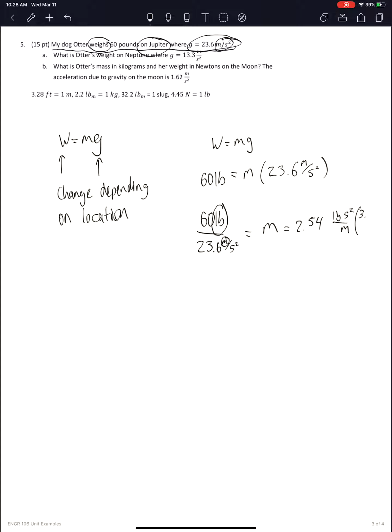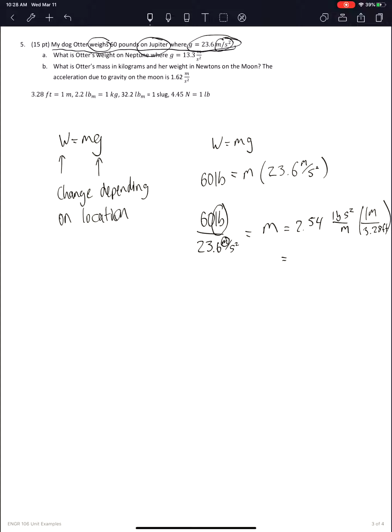There are 3.28 feet per meter. And if you're paying close attention, you'll notice that I've just made a mistake. I have multiplied by 1, but not the correct 1. This meter is not going to cancel this meter. They're both in the denominator. So I'll just use the eraser tool for this. So we multiply by 1 meter divided by 3.28 feet.